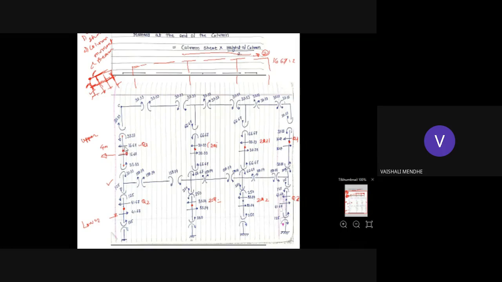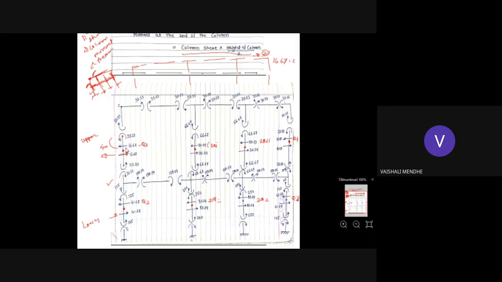So how is this going? 16.67. If you rotate it like this, this is in the clockwise. So to resist this, the moment that comes at the end will be in the anti-clockwise direction. So the moments on the column will all be in the anti-clockwise direction. Because this lateral load is like this, shear is developed opposite to that.